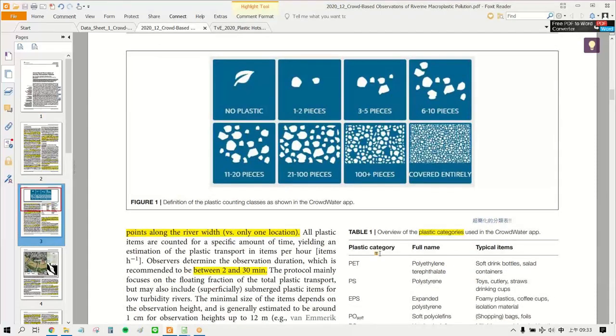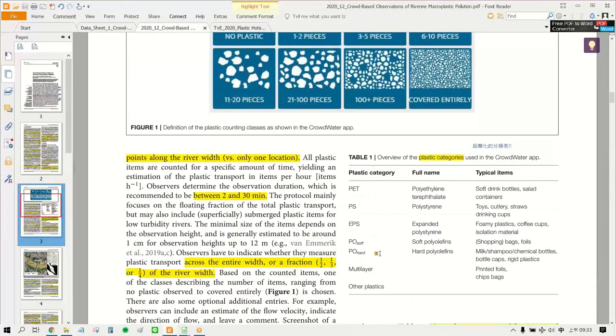This is figure 1, and in table 1, they use a quite unique plastic category to separate floating or riverbank plastic into 7 categories: PET, PS, EPS, which I think are common, but they also have PO soft and PO hard. In their explanations, PO soft and PO hard are all related to polyethylene and polypropylene.